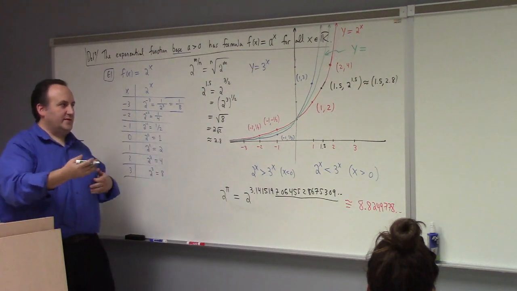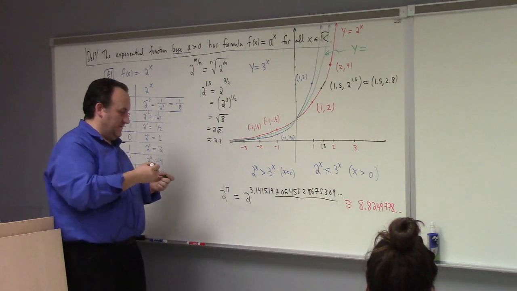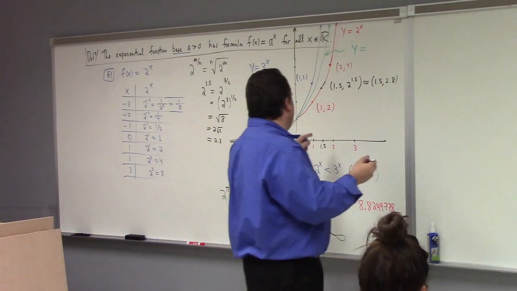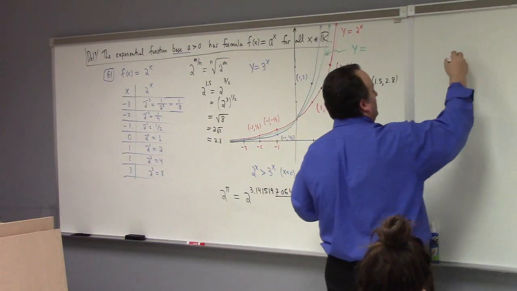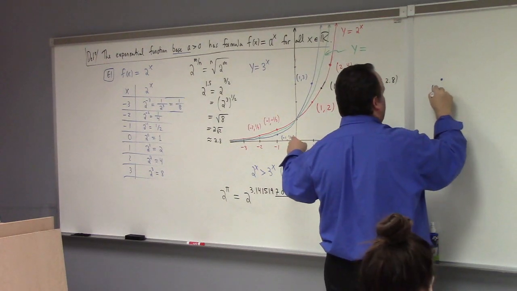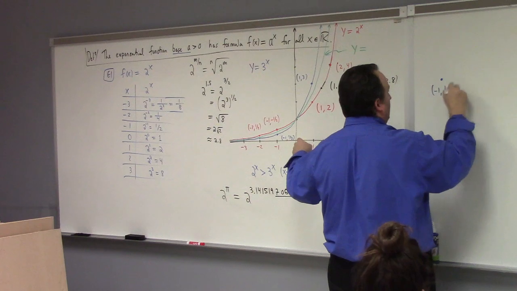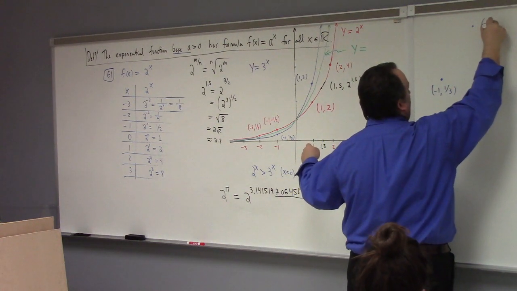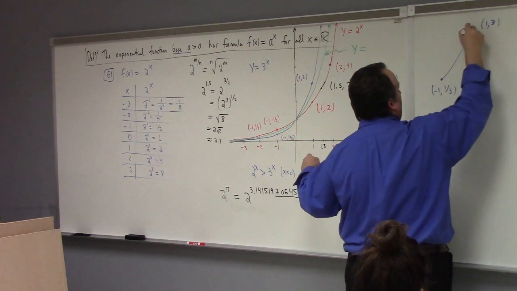But let me try to explain what the green graph is more carefully. If we look at the blue one, it goes from the point -1, 1/3 up to the point 1, 3.